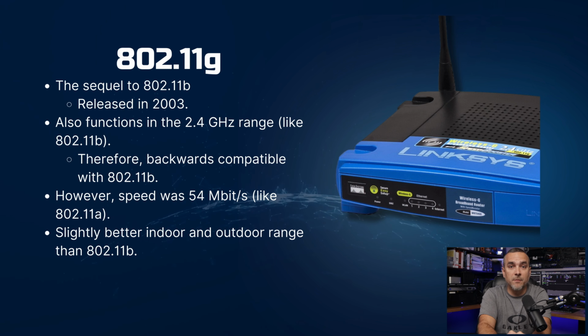This standard is backwards compatible with the B standard, which means we could upgrade our access point to 802.11g and still continue to use our B devices on the same network. Although 802.11g operates at higher speeds, it still uses the same frequency as 802.11b and therefore has the same type of conflicts with other devices that use 2.4 GHz in that area. However, 802.11g offers slightly better indoor and outdoor range than 802.11b.